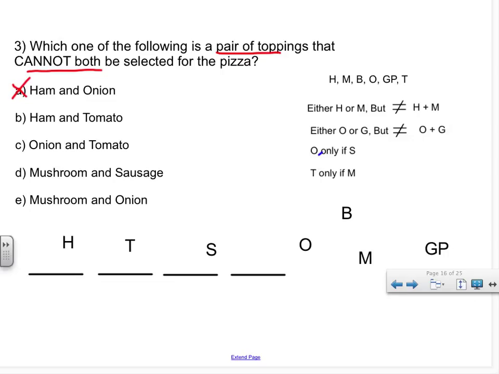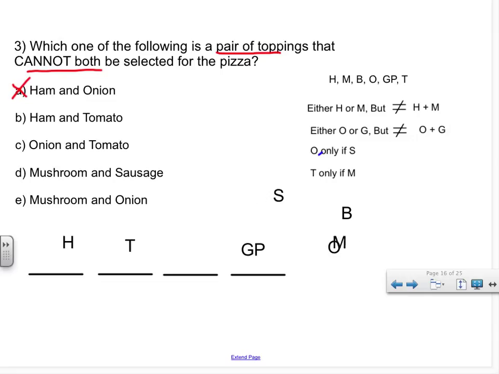H, let's try GP. No, I'm going to need an M. Okay, so this might be a possible.